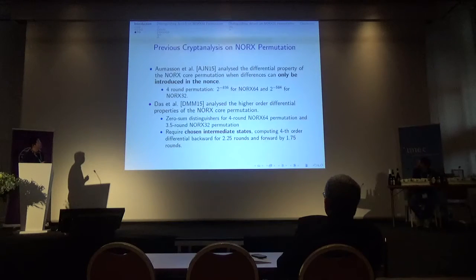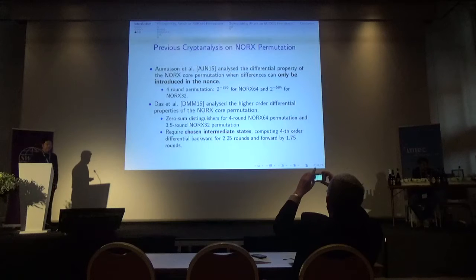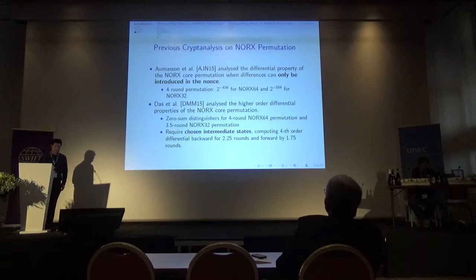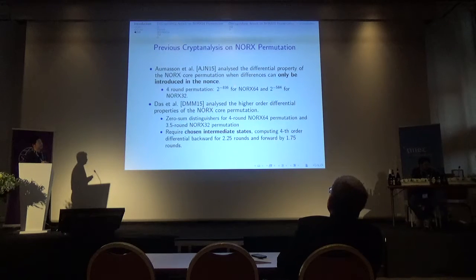So we look at some cryptanalysis on the NORX permutation. First is by Aumasson et al. They analyze the differential property of the NORX permutation when the difference is only introduced in the nonce part. The results for the 4 round permutation show very low probability for both versions. And another work analyzes the high-order difference property of the NORX permutation.